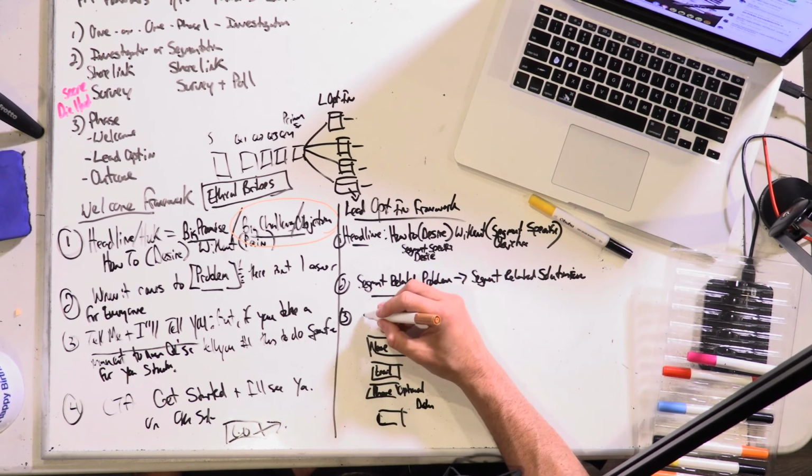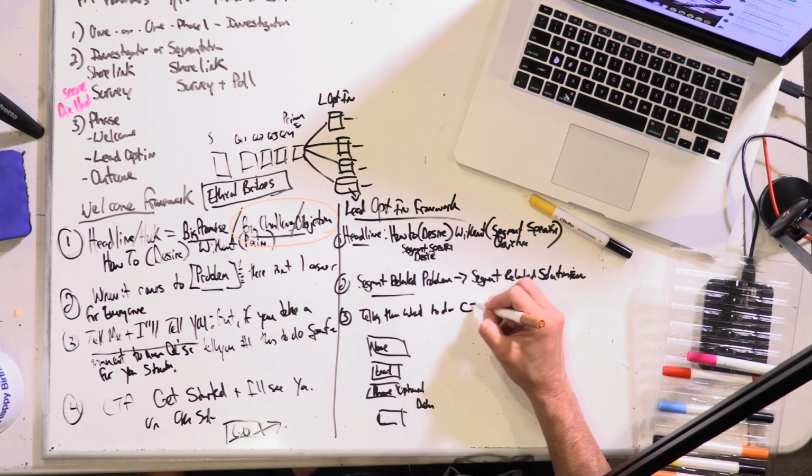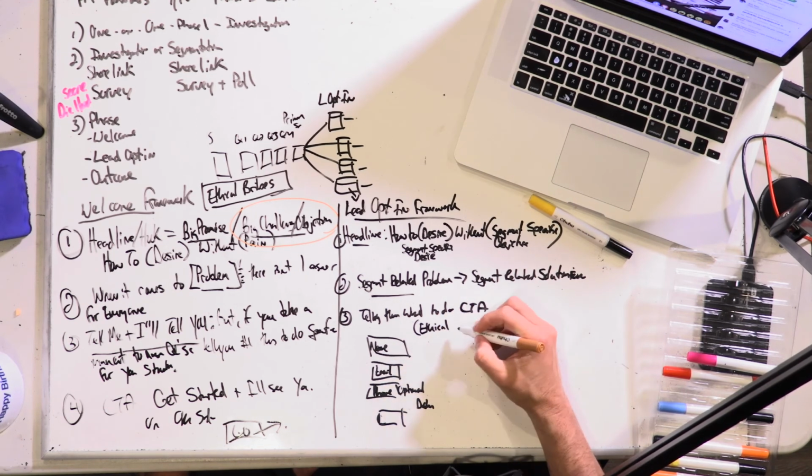Right? So you're telling them what to do, and you're adding in the call to action, and the reason why I throw in here ethical bribe is because you could offer them something here of value to the person that lands on this page, in addition to all of the other stuff that they're going to learn about themselves.